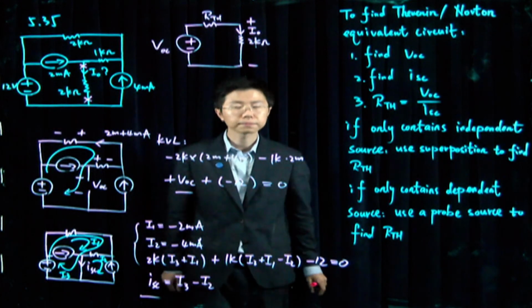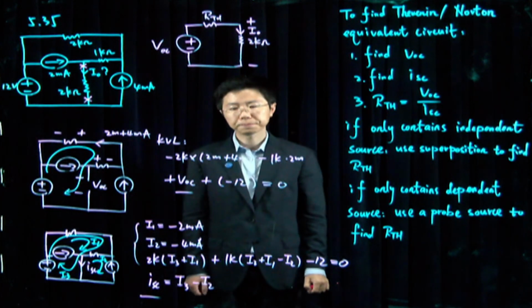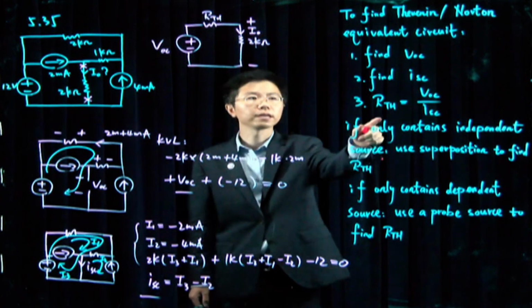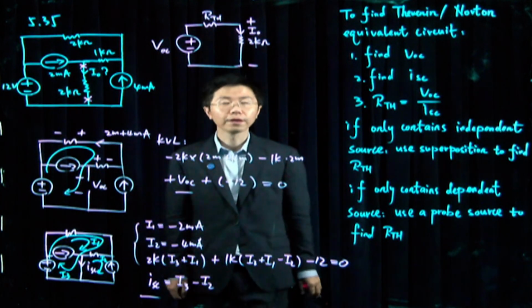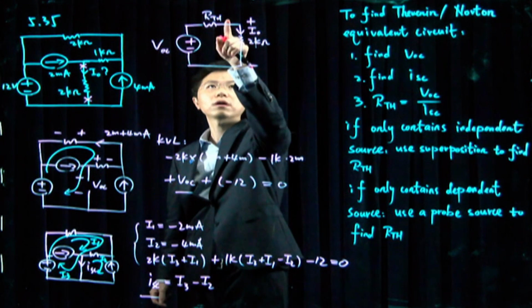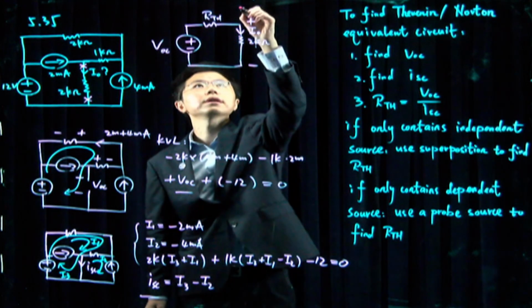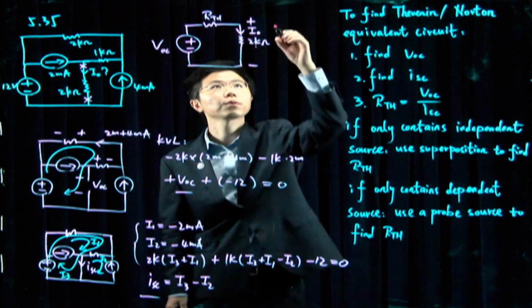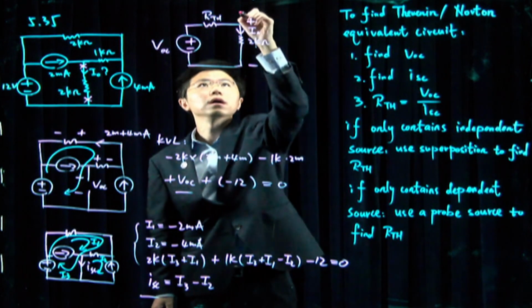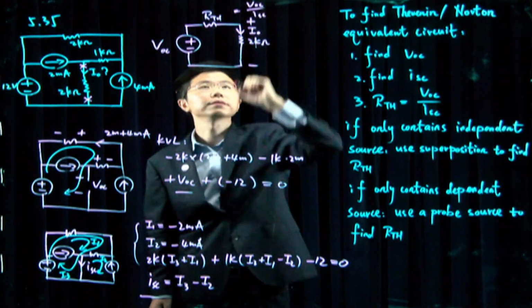Putting them together, I apply my third step. In here, I can compute the corresponding RTH. After I have found VOC and ISC, maybe I should write it here. So this RTH for this particular question equals VOC divided by ISC.